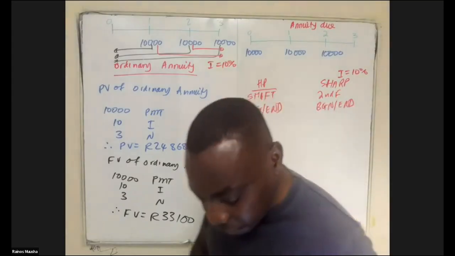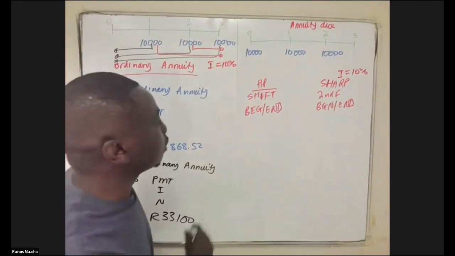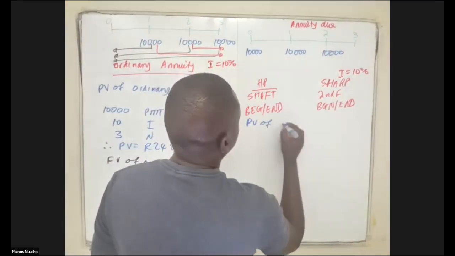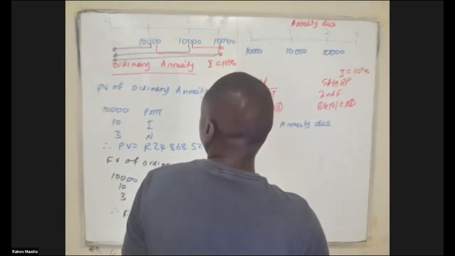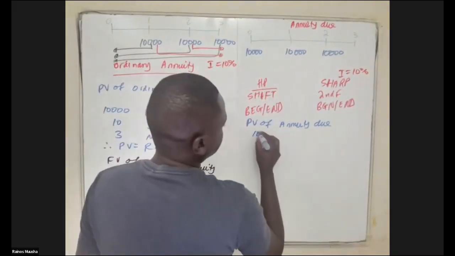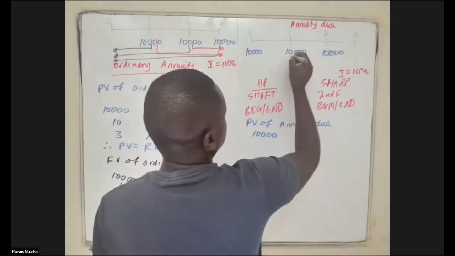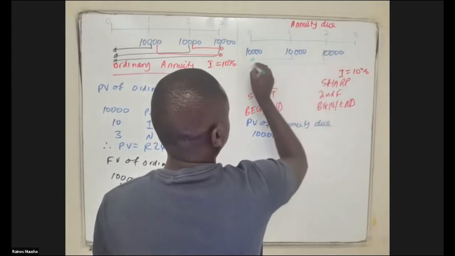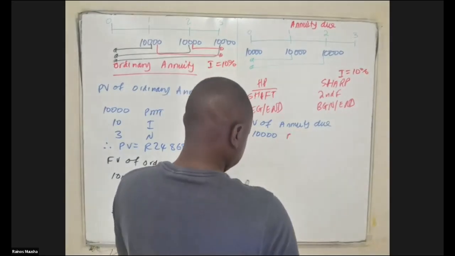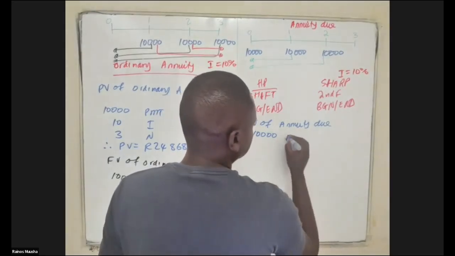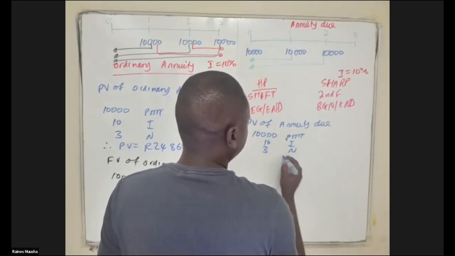Now, after you do that, everything else is as normal, like what we've done here. If you're looking for the present value of an annuity due, you're going to say 10,000, because remember, you're now discounting these cash flows back to present value. So 10,000 is your PMT, 10 is your interest, 3 is your number of periods.